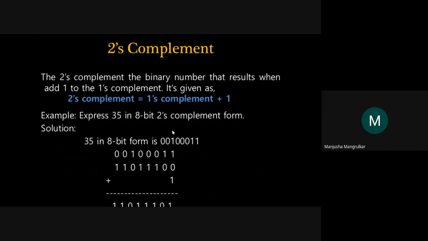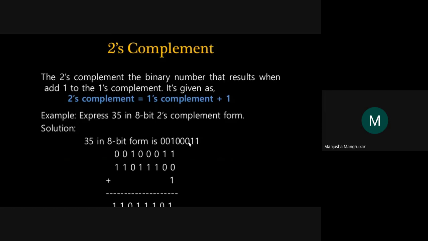If it is 2 to the power 5, this bit is 32, right? 32 plus 2 is 34, and plus 1 is 35. So this 35 decimal number is converted into the binary number.